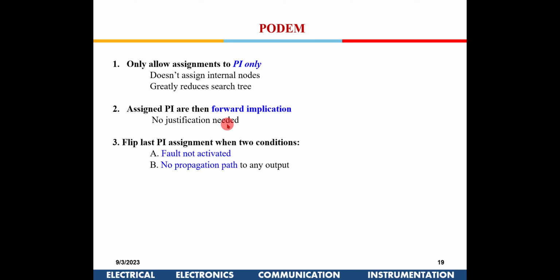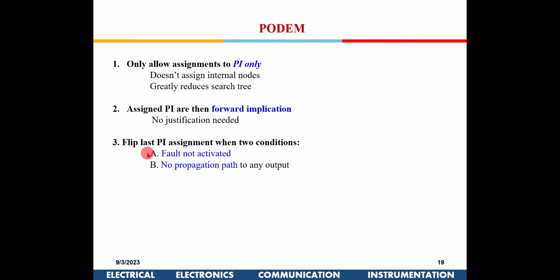But many a time, even doing this, there will be situations where the fault doesn't get activated at the output, because you are assigning primary inputs initially itself. There could be situations where the fault is not getting activated, or the propagation path is not proper.